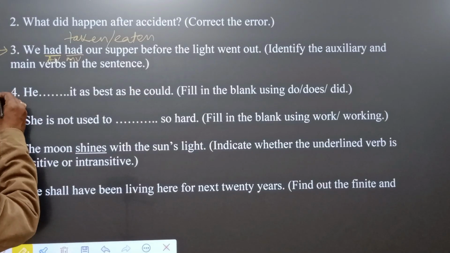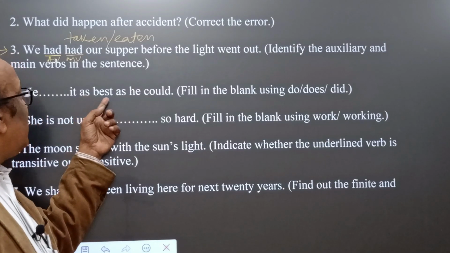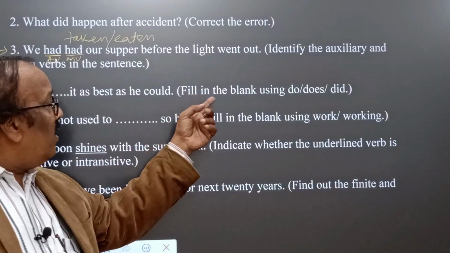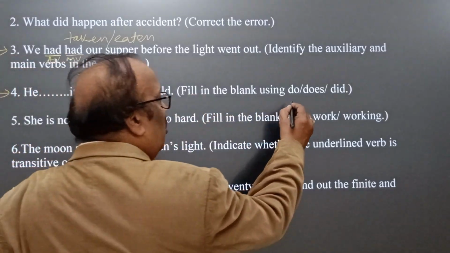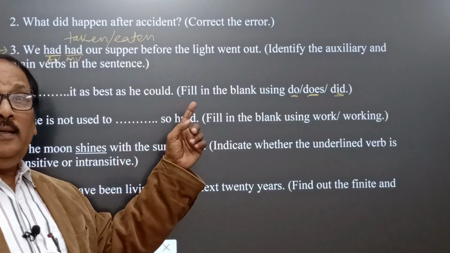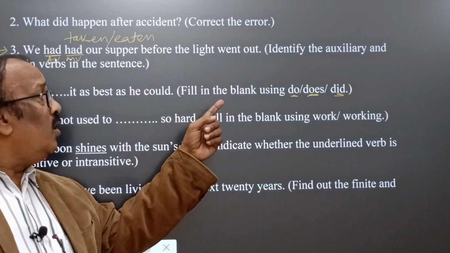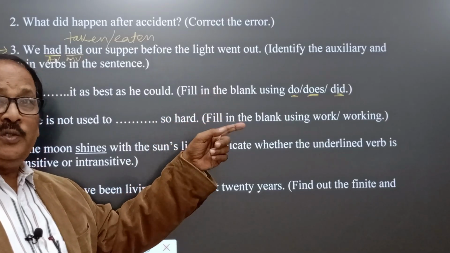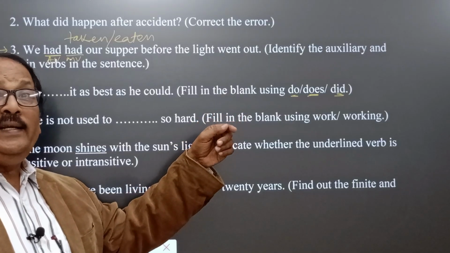Question number 4. He blank it as best as he could. Fill in the blank using do or does or did. Here we have three alternatives. One is do, another is does, and the third one is did.